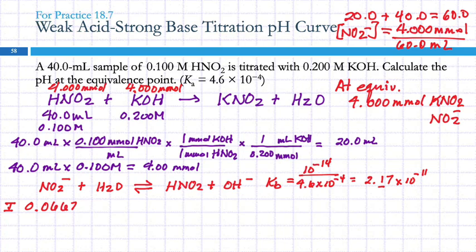So we're thinking about after the titration reaction goes completely, what do we have? Well, we have 0.0667 molar NO2 minus, and what concentration of HNO2? 0. And for the hydroxide, we say approximately 0. Then we can continue with our changes here. I guess I should put pluses there.